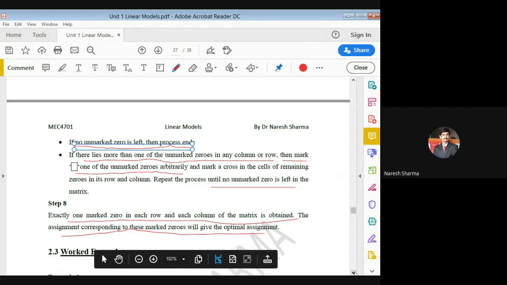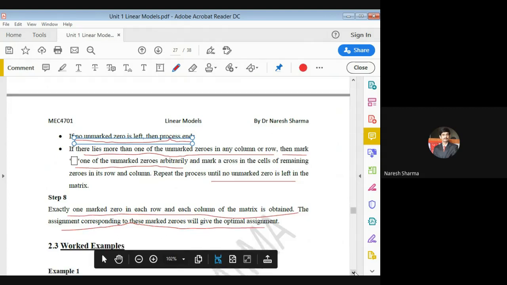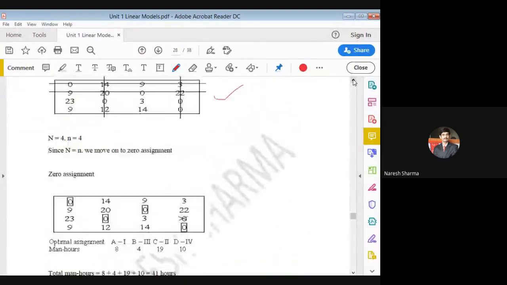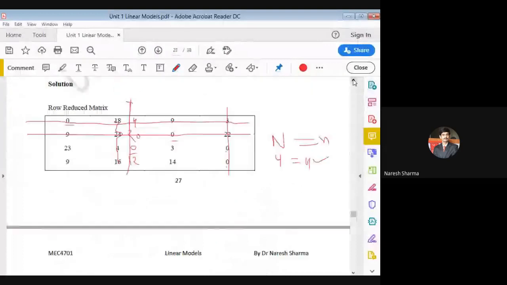So at this stage, you can write this matrix. I'm just removing these lines. So now we have this one, right?